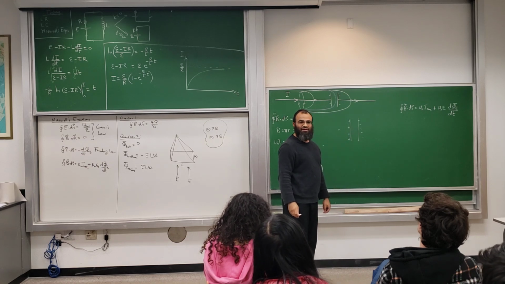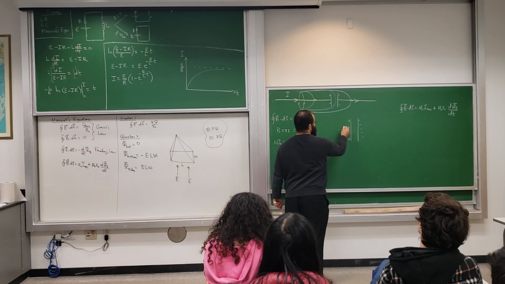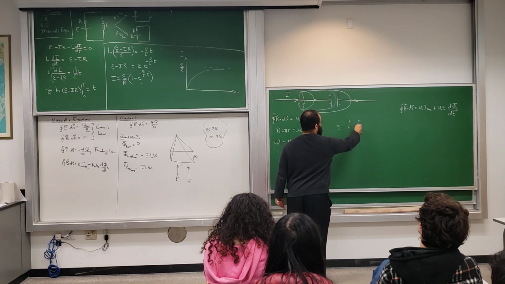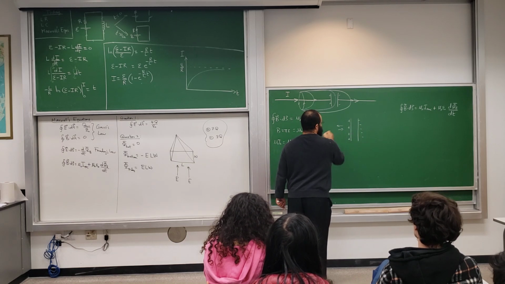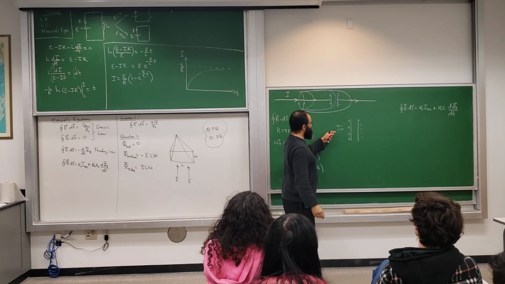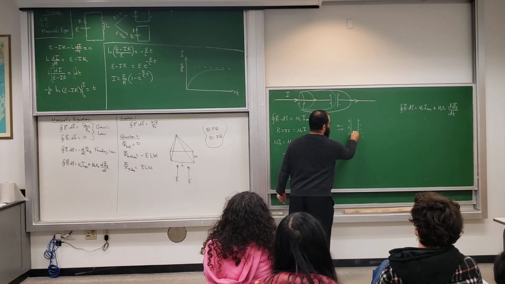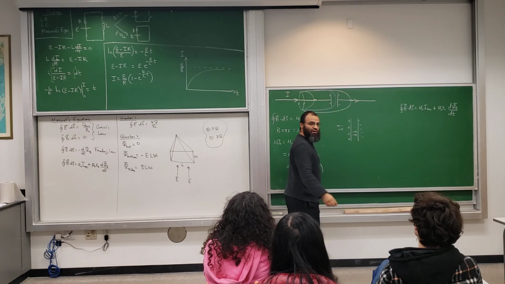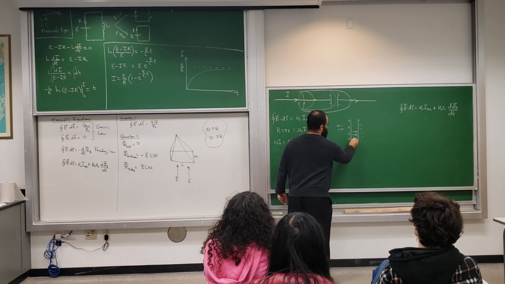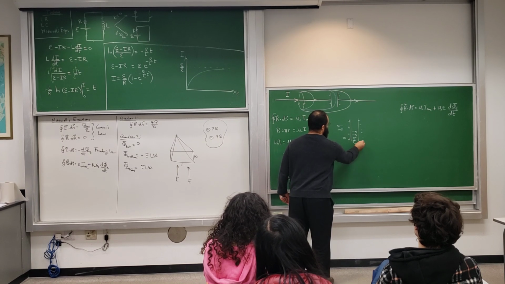It's 0, because the positive plate will produce an electric field to the right. The negative plate produces an electric field to the right as well. And outside, the two fields cancel. Inside, the two fields add up, so it's sigma over epsilon naught. Outside is just 0.